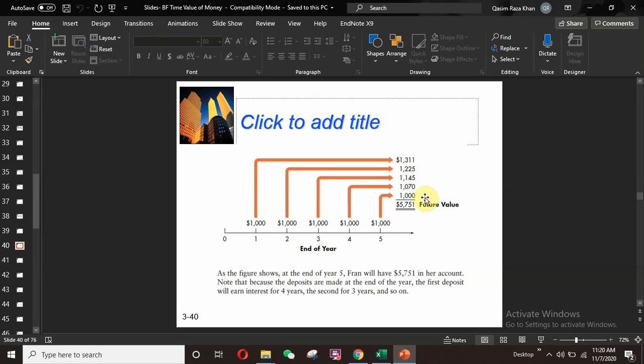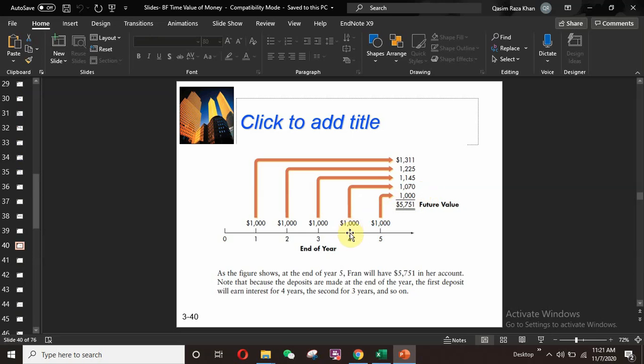Why is it generating different cash inflows? The reason is that you are getting this 1,000 at the end of the year, when your investment plan is near to maturity, so you are not earning interest on this deposit. That's why this deposit only generates the same amount which you deposited.